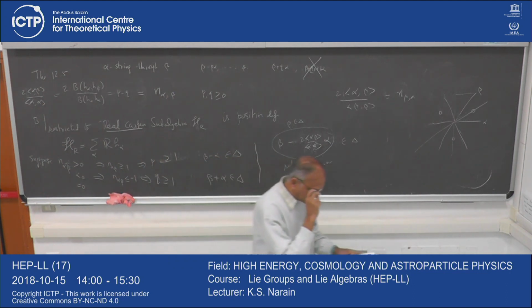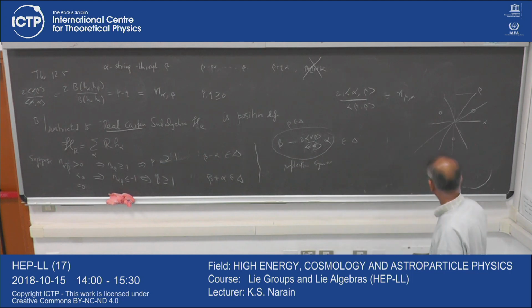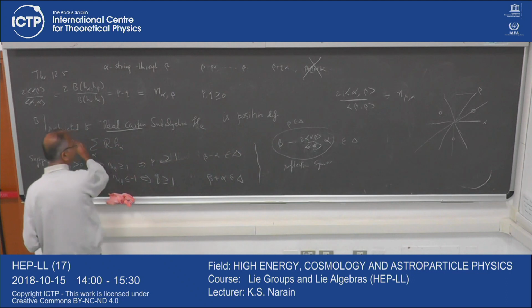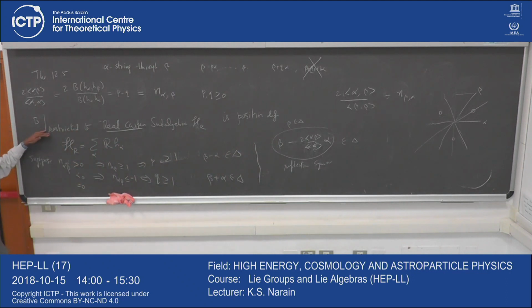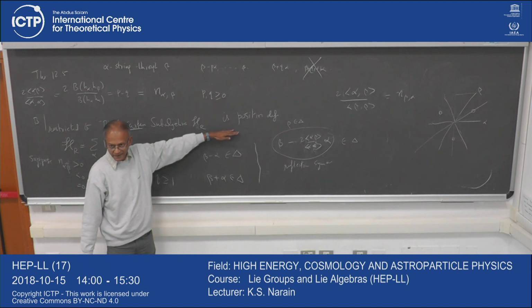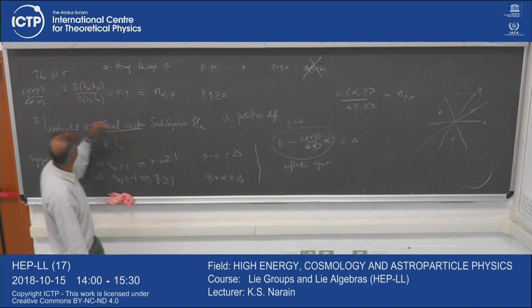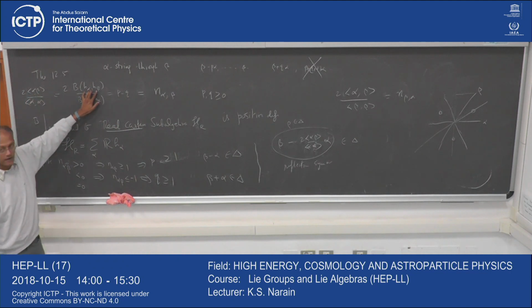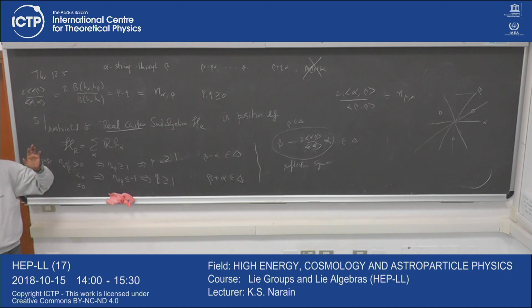Okay. So now, let's see. Again, I want to emphasize that the fact that we showed that B restricted to the real Cartan subalgebra H_R is positive definite, right? And since this dual inner product is defined in terms of the inner product of the Cartan, this also is positive definite. Alpha beta is positive definite.